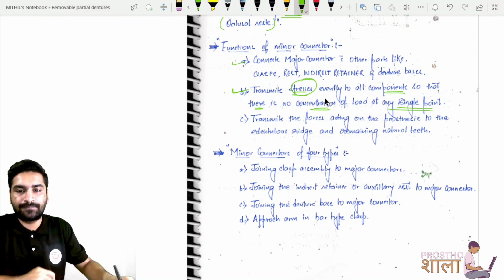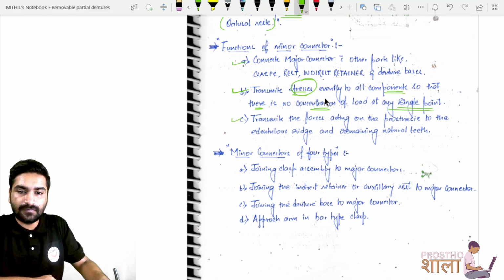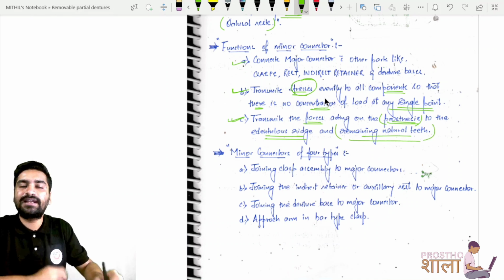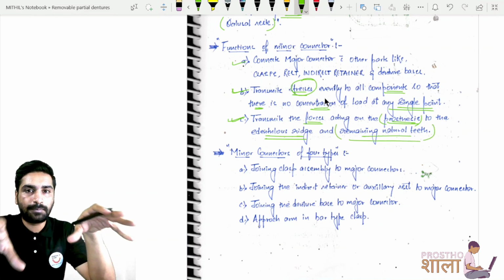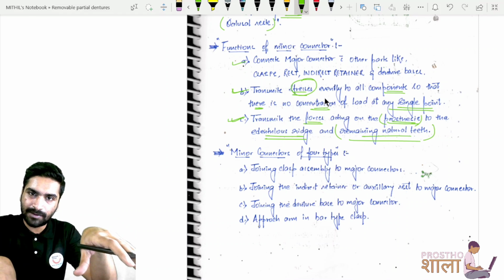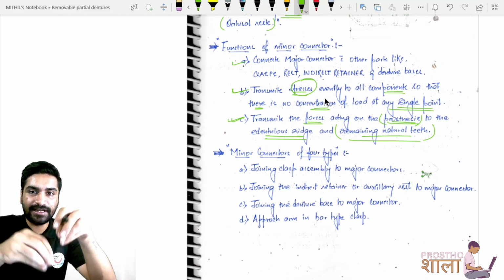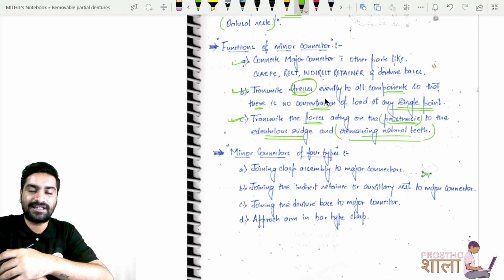Apart from that, it also transmits the forces acting on the prosthesis to the edentulous ridge and the remaining natural teeth. So not only does it divide the forces to other components of the RPD, it also transmits the forces to the edentulous ridge and the remaining natural teeth.